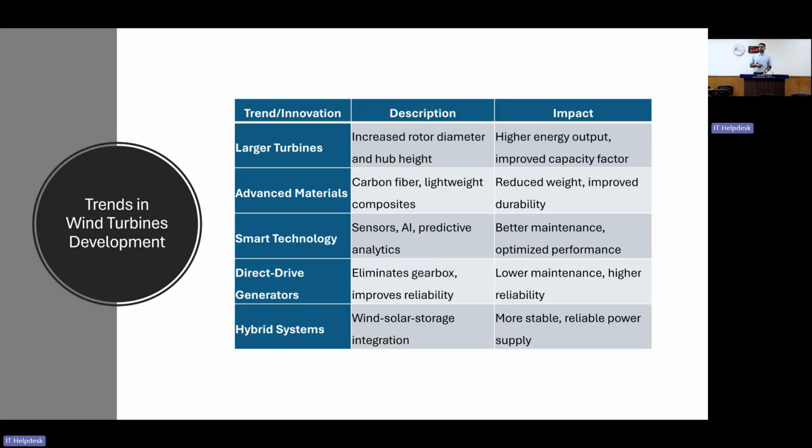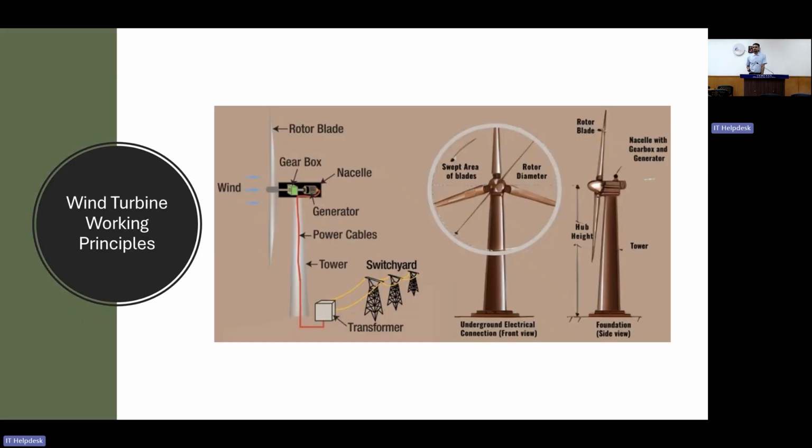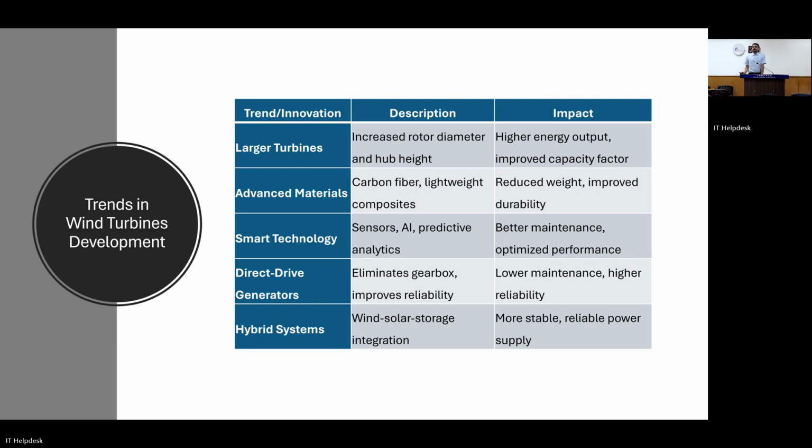There have been a lot of innovations in wind turbine development. Nowadays, larger turbines are produced with advanced materials like carbon fibers and other lightweight composites, and this has a high impact on reducing the weight of windmills or wind turbine installations.